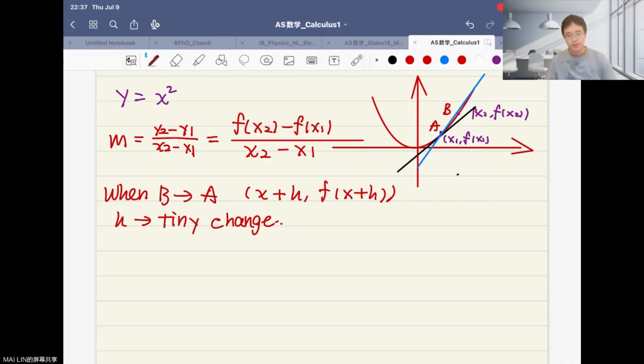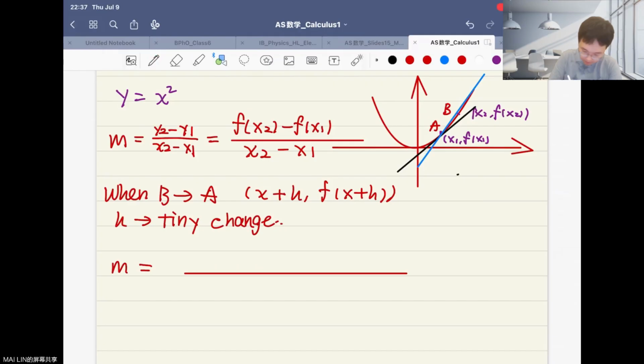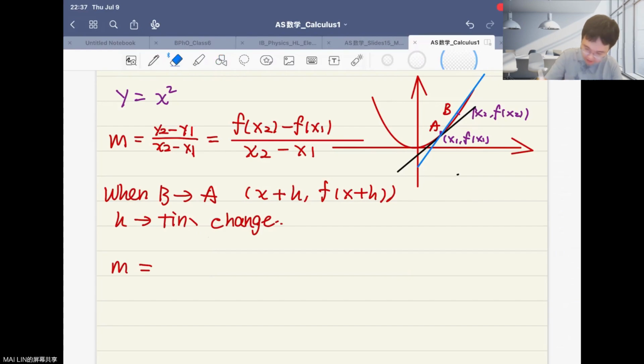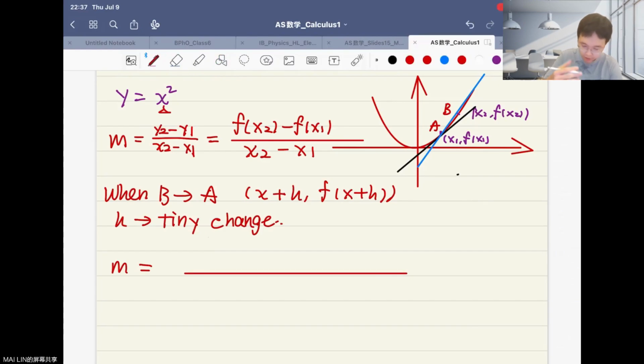So the gradient m equals f(x2), which means f(x plus h). For x squared, when x equals x plus h, y equals x plus h squared.